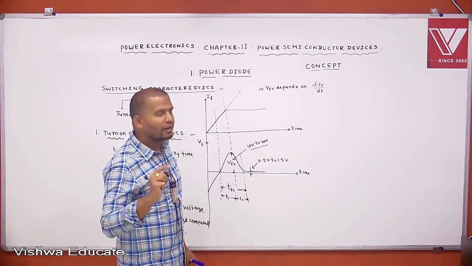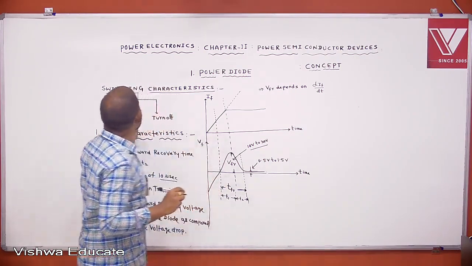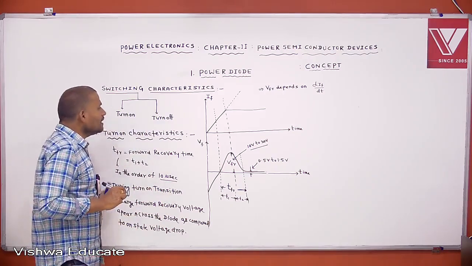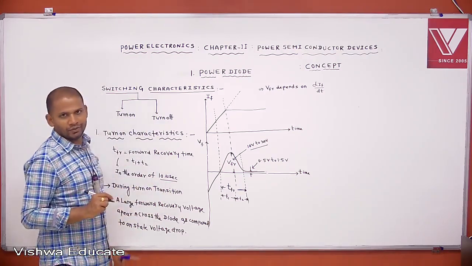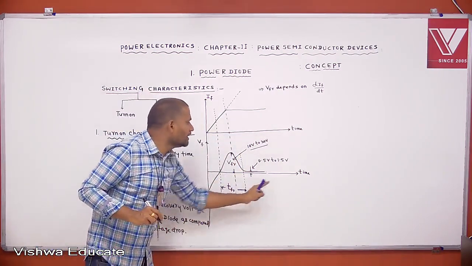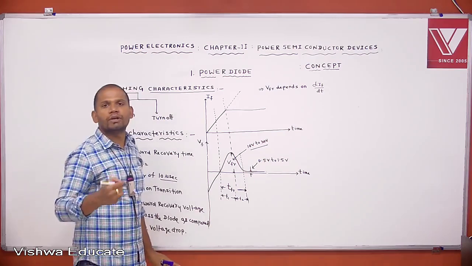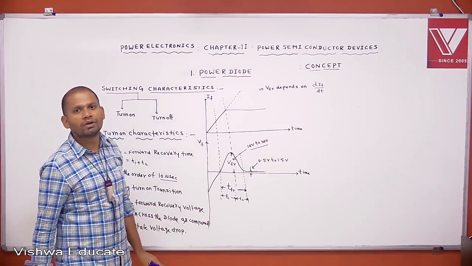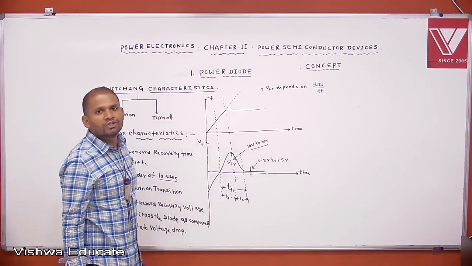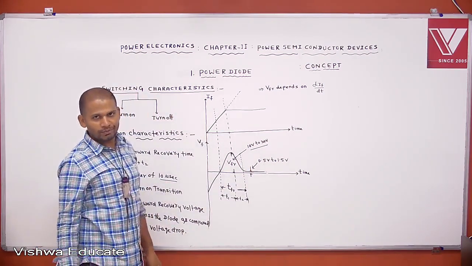Understood or not? This is about what exactly the switching characteristics are. In these switching characteristics, this is the turn-on characteristics of a diode. Once the diode completely starts conduction, the voltage across the diode is a very small voltage drop, equal to the forward voltage drop or on-state voltage drop.